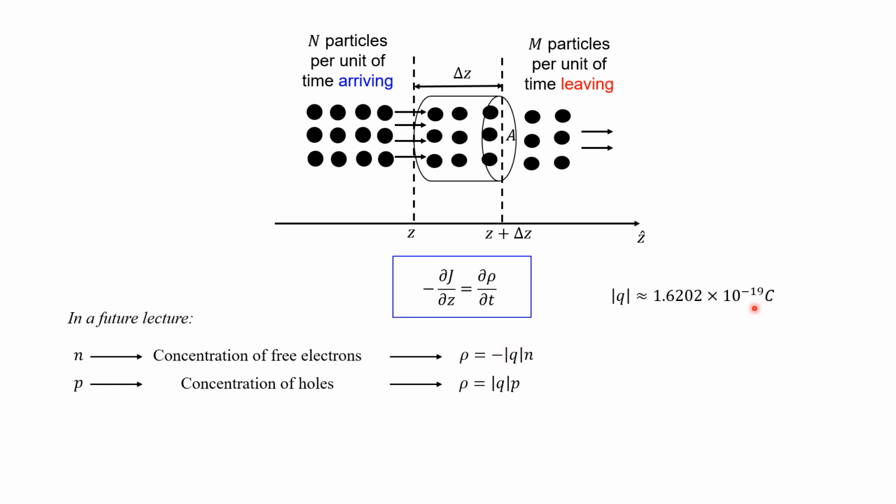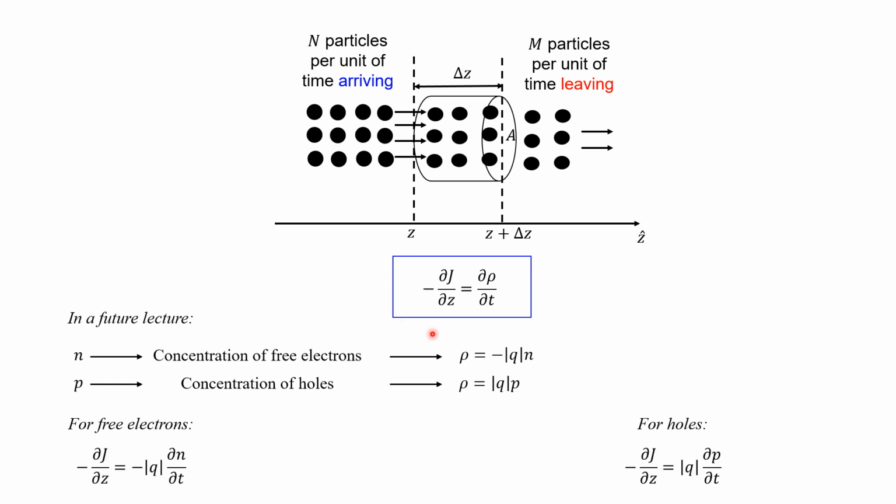You may recall that this is the value of the magnitude of the elementary charge. So we put the negative sign explicitly to avoid ambiguity with the sign. And in the same way, since each hole also carries an elementary charge with a positive sign, then the concentration of charge carried by holes is given by this expression.